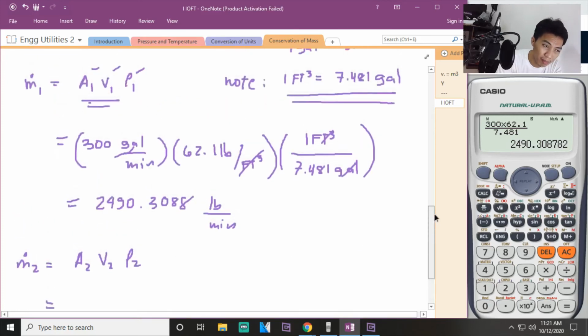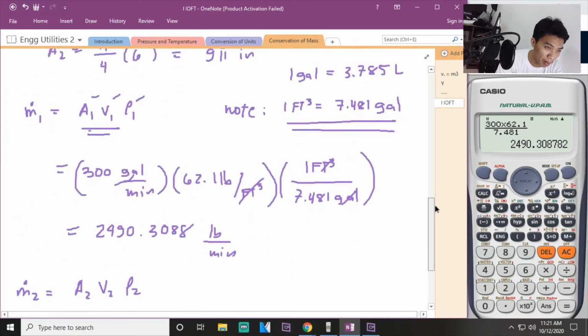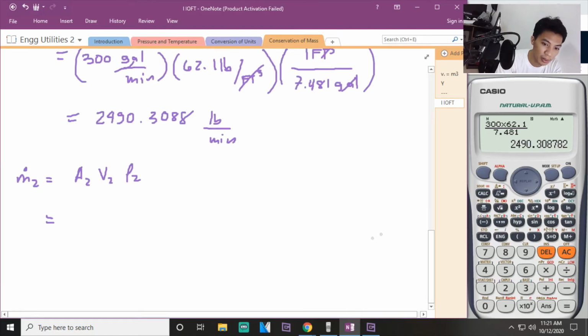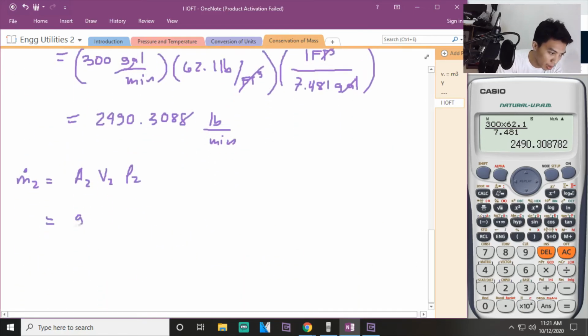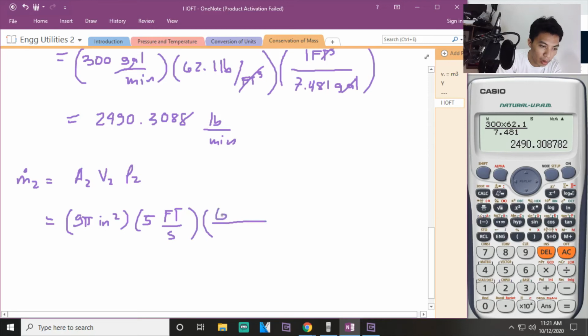So, that will be 9 pi square inches, velocity natin is 5 feet per second, and 62.1 pounds per cubic foot.